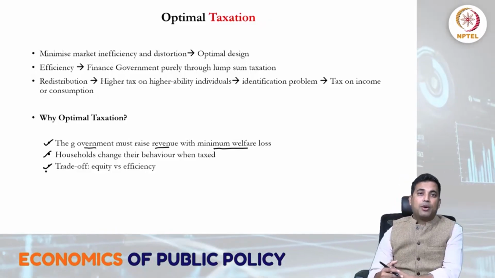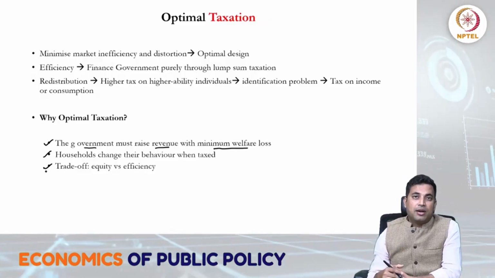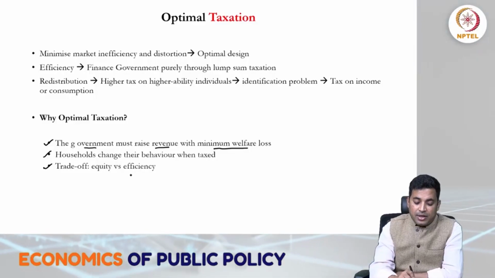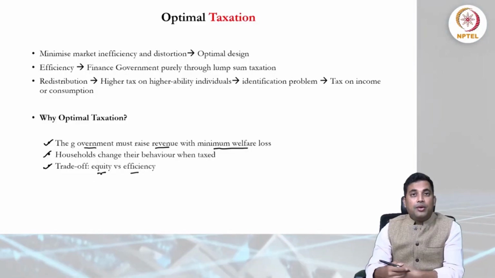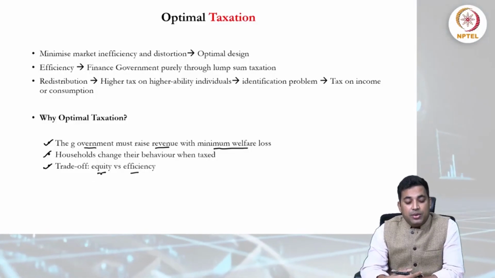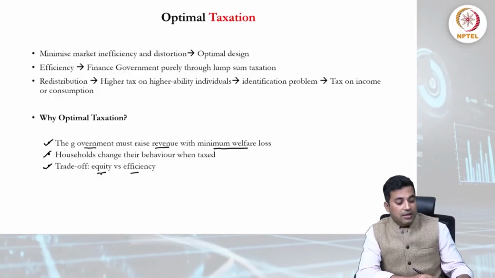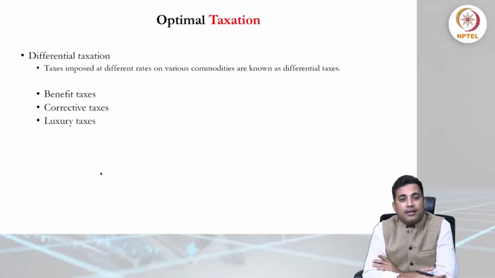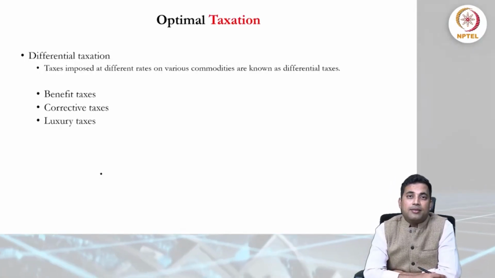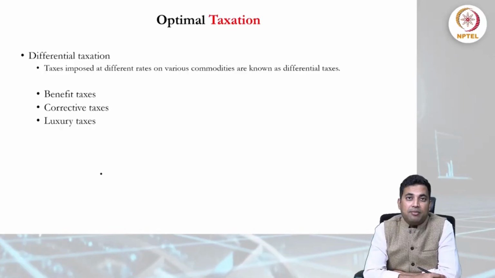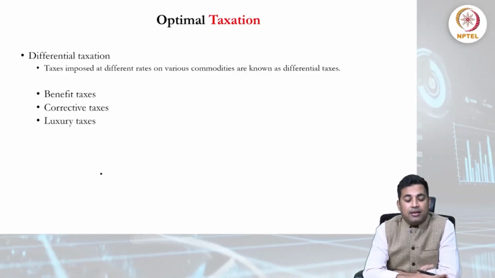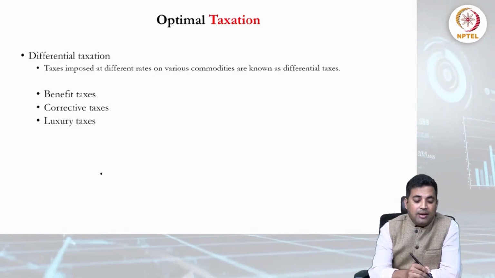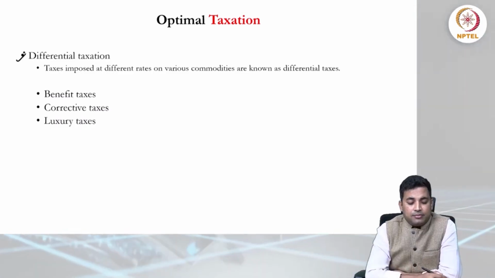So when we are talking about optimization with regard to taxation, we are basically talking about the trade-off between equity and efficiency. To move further, let us also discuss something we had discussed before, but let us recollect it again. It is differential taxation.